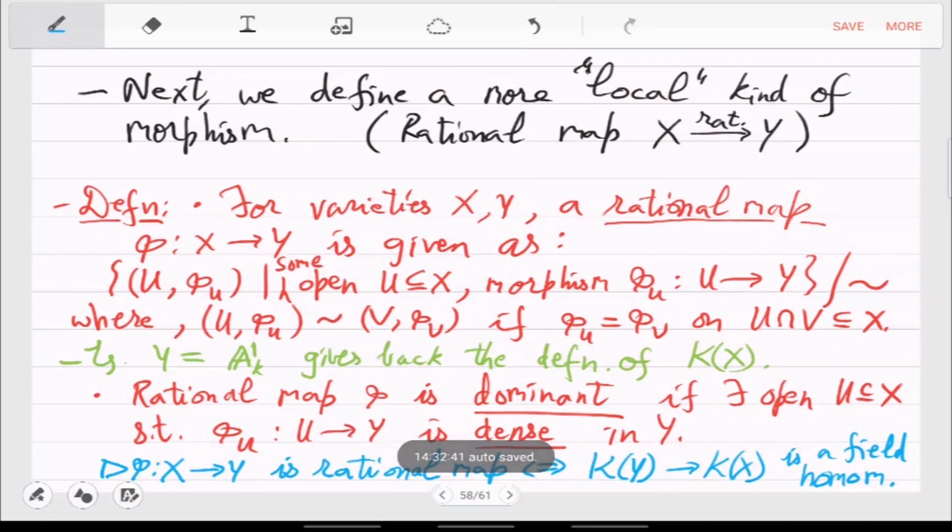Why is that true? This is quite straightforward. You just look at the definition of rational map and compare it with the definition of rational functions.